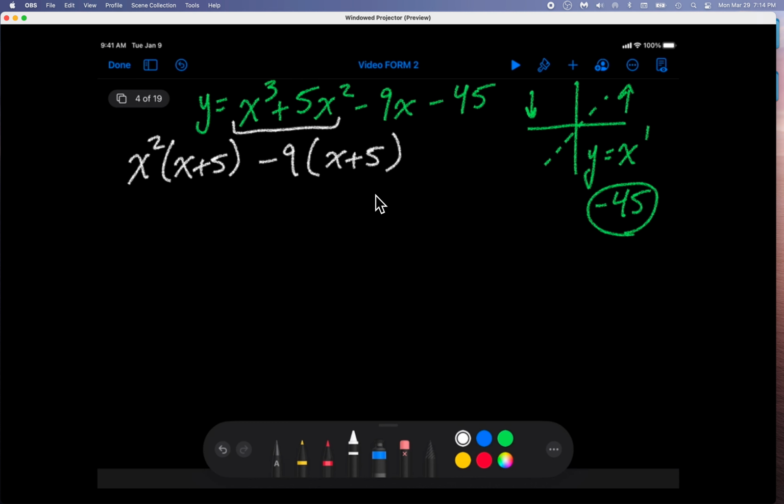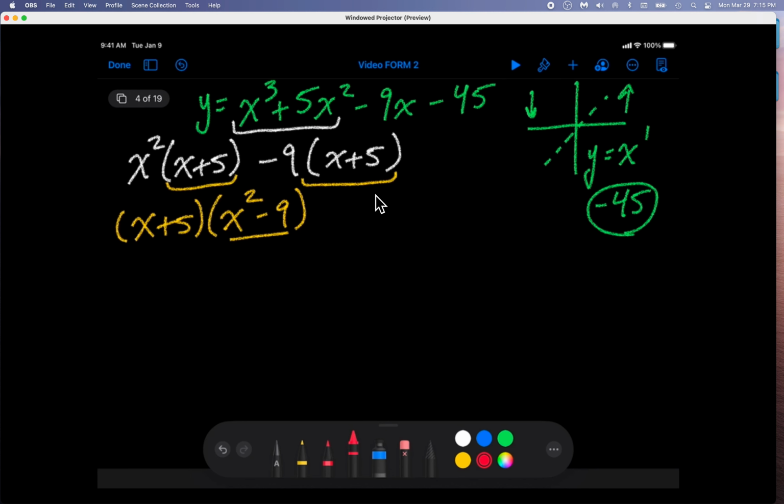Now what we do is we say to ourselves, well, this x plus 5 is indeed a GCF. And then we notice that that's the difference between two perfect squares.